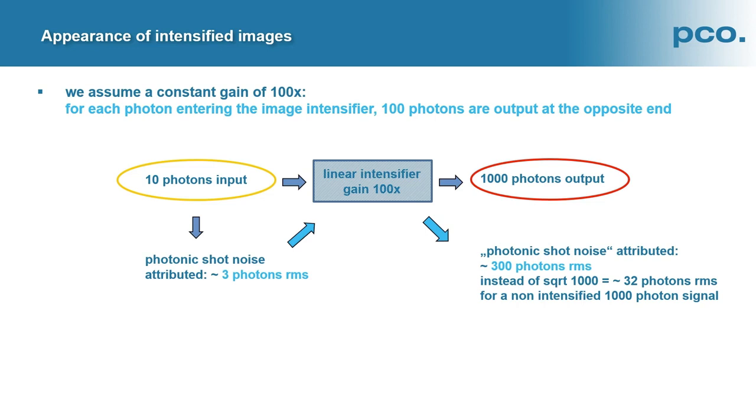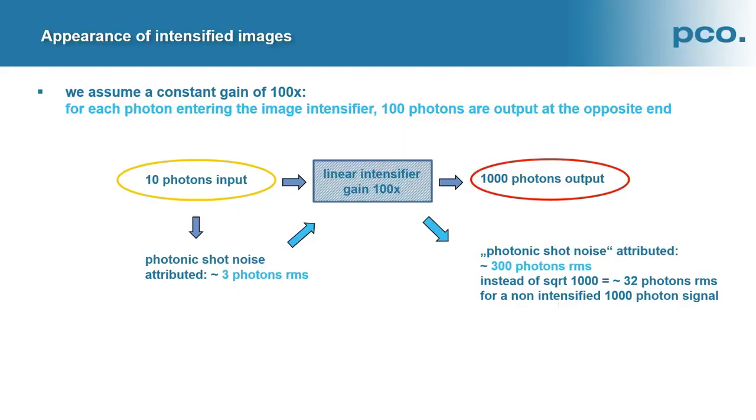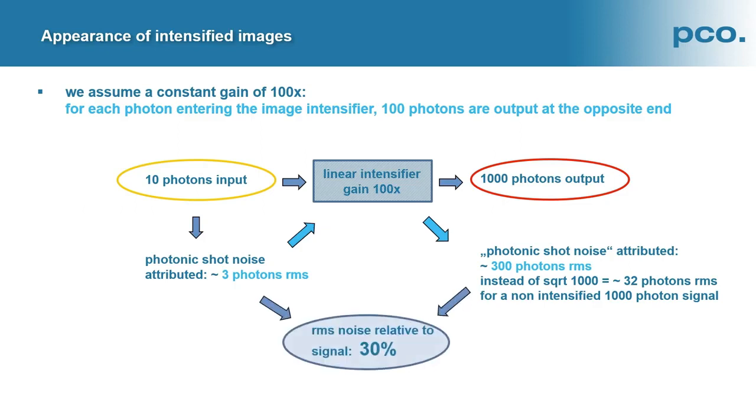Now the photonic shot noise is around 300 photons root mean square. What would we have expected? We have a 1000 photon signal. We only would have expected 32 photons RMS for a non-intensified signal. What is the consequence? In both cases, the root mean square noise relative to the signal is 30%.